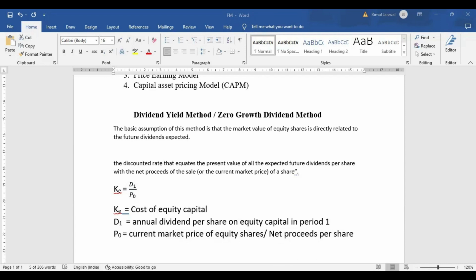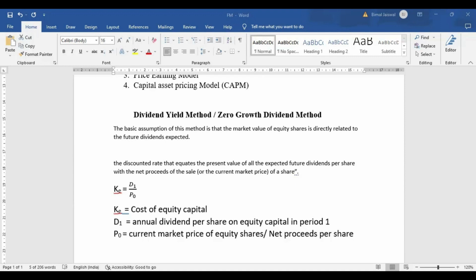Basically, shareholders always expect growth in their investment, and they expect that the dividend amount is going to grow. So in a practical situation, this model is not feasible from the point of view of the investors, because it fails to consider the growth rate.